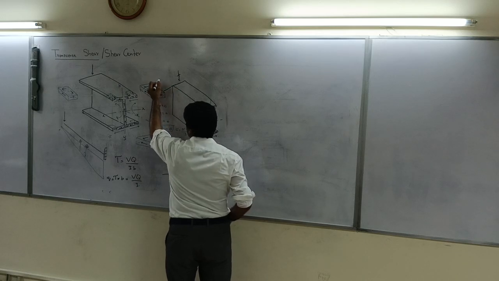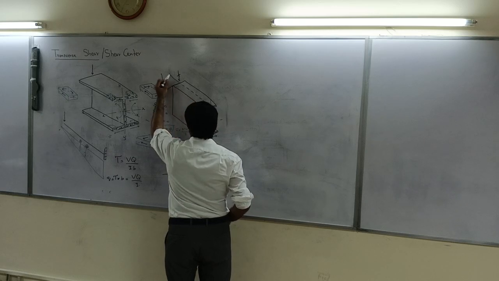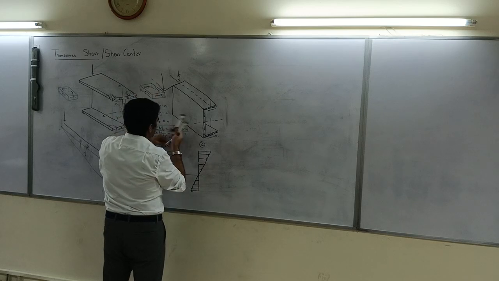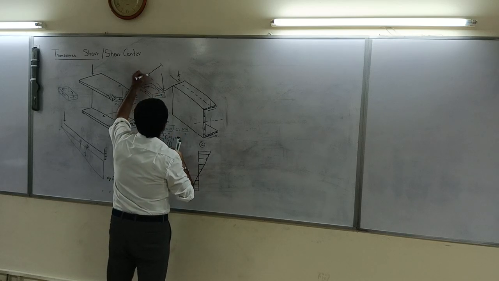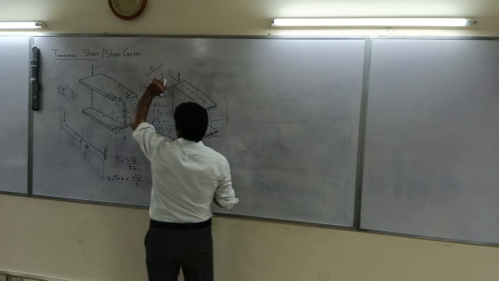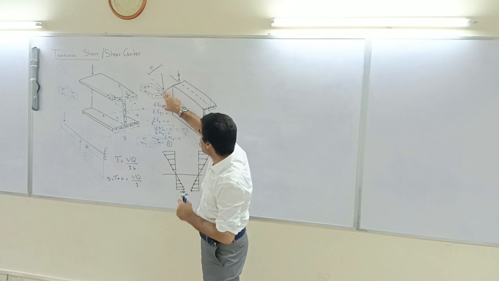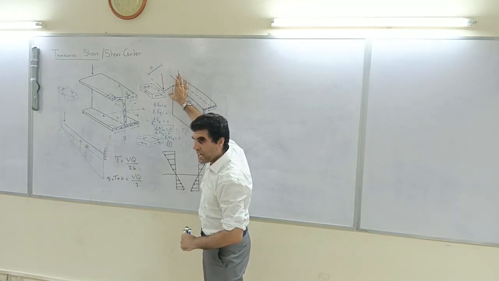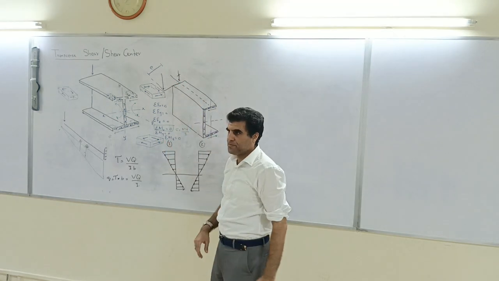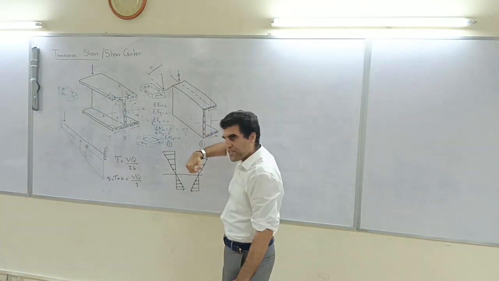You have to apply it at a distance from this, E, and that distance is called shear center. If you don't apply this load at the shear center, what will happen? Your section will twist.